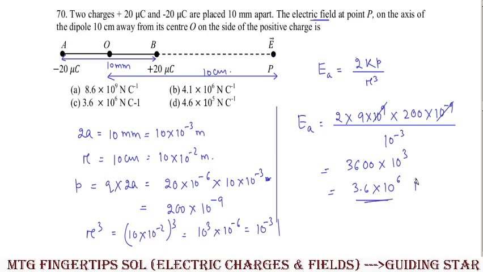The electric field is asked, so the unit is Newton per coulomb. So the options: option C, 3.6 into 10 to the power 6 Newton per coulomb. Clear? Option C is the correct one.